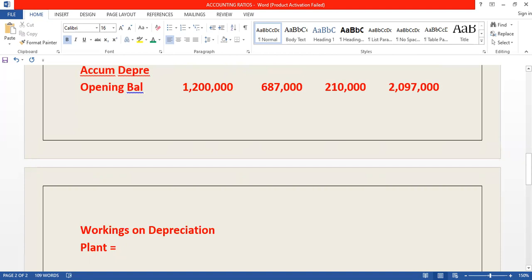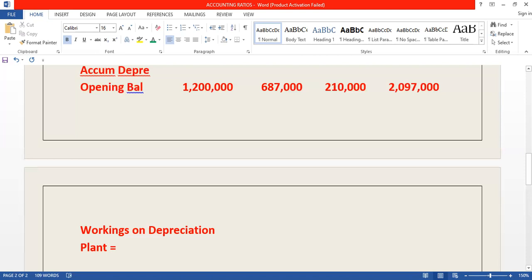Cost of plants, how much? No, the cost of the asset. You will calculate depreciation on the cost of the asset, not the accrued. How much is the cost?